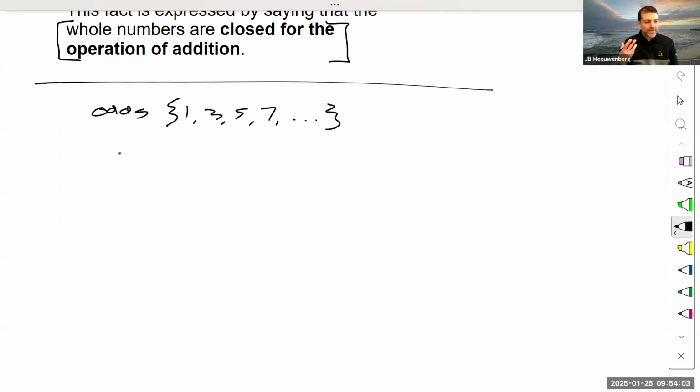Now let you think about that for a second. Again, are odd numbers closed under addition?